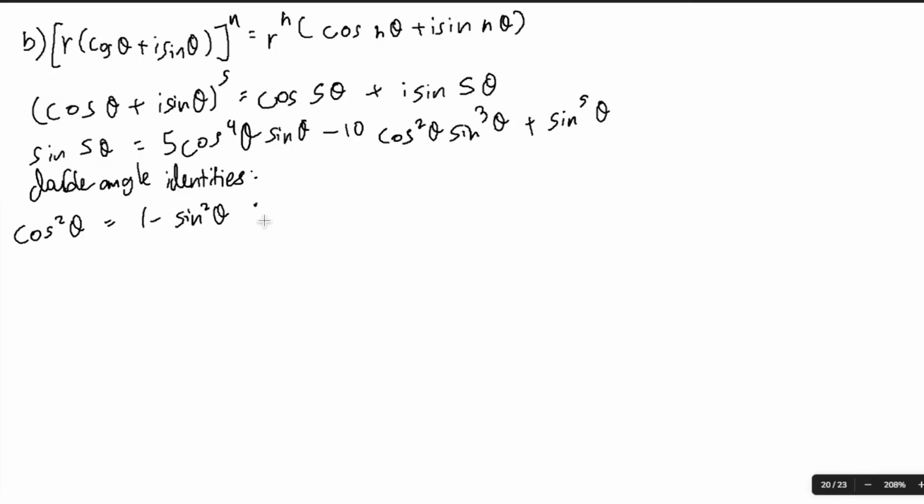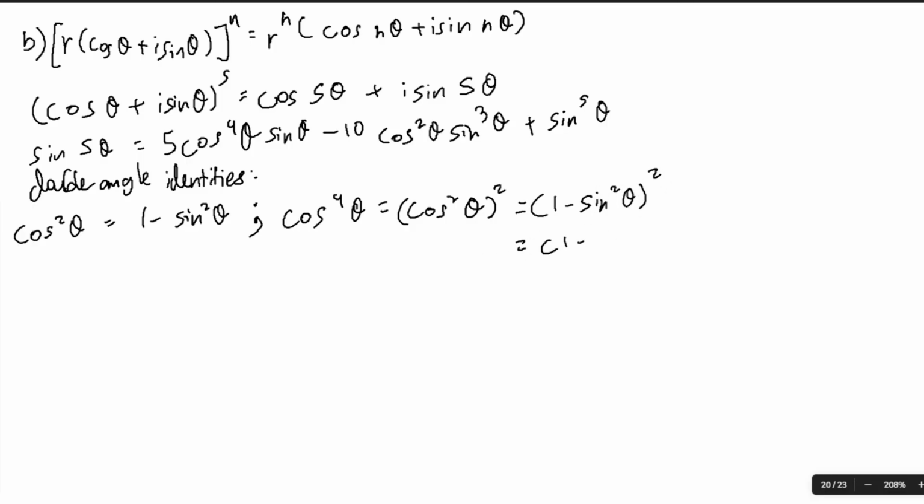And here, we can see that cos^4 theta can actually be developed by just squaring cos squared theta, because this times this equals 4 by the law of exponents, right? From here, we can just do (1 minus sine squared theta) squared.